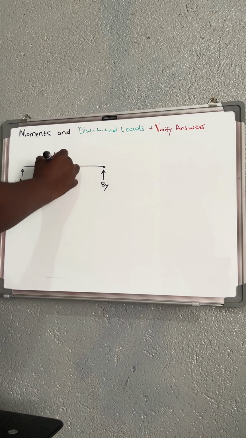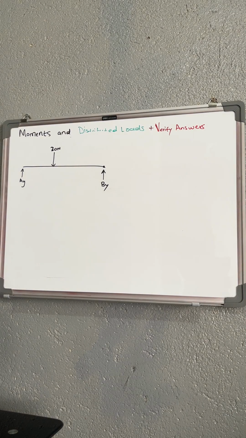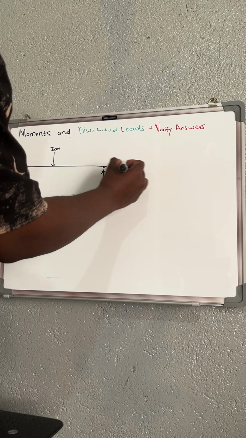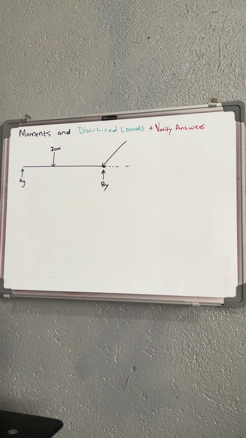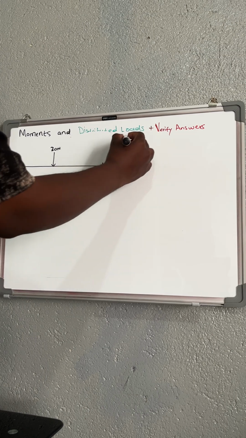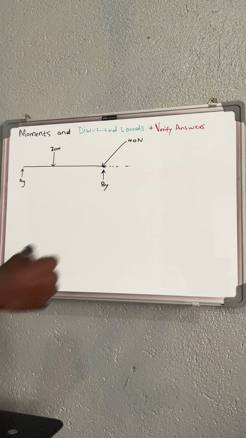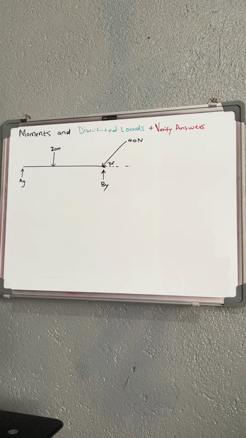Then somewhere in the middle they still give you your 20 Newton. But now what do they do? Within here they introduce one that's acting at an angle. Then they say you have your 40 Newton. Then here they give you 30 degrees, and they tell you to calculate your reactions.